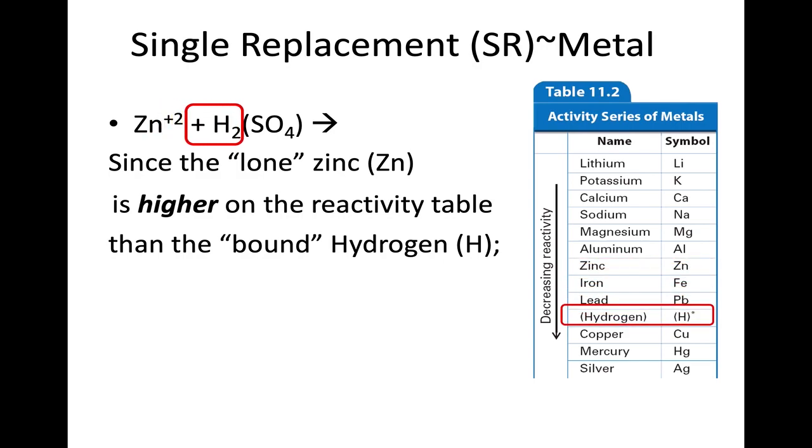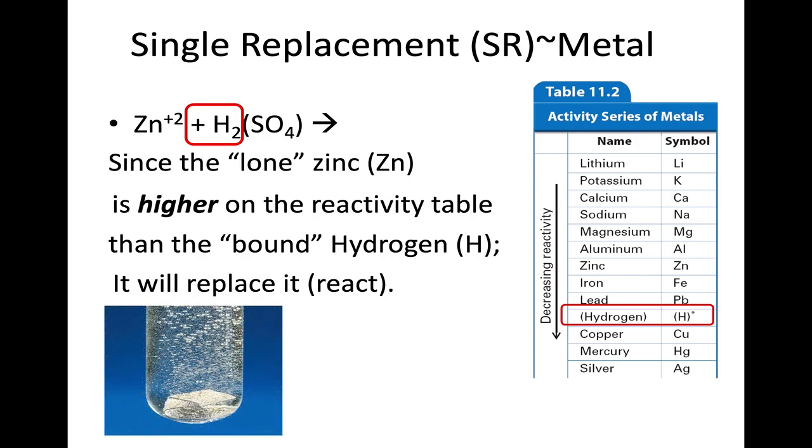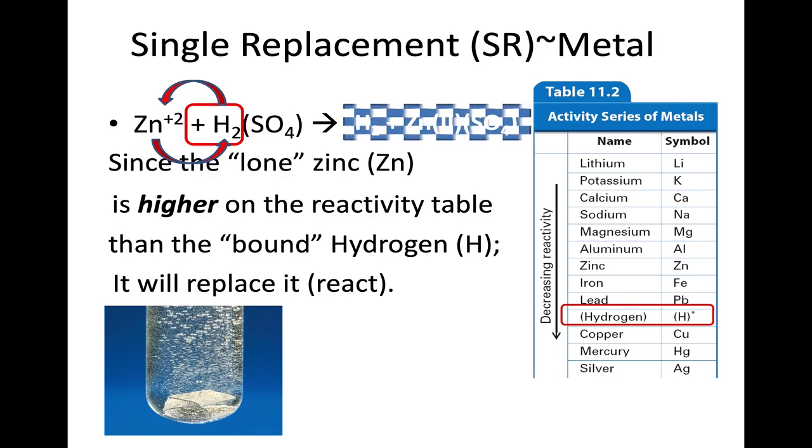There's hydrogen. That's why it's in parentheses. In this case, it's on this table, even though it's technically a nonmetal. It will react. It will replace it. So the zinc will kick out the hydrogen, and the hydrogen will be all by itself. Remember, hydrogen cannot exist as a single atom, so it would be diatomic hydrogen plus zinc sulfate.